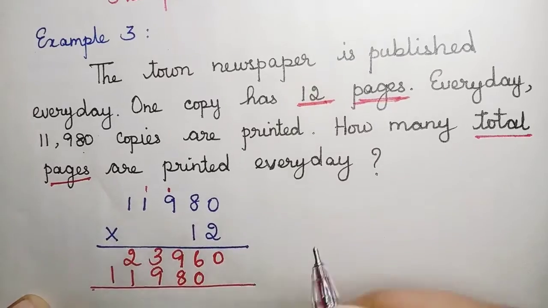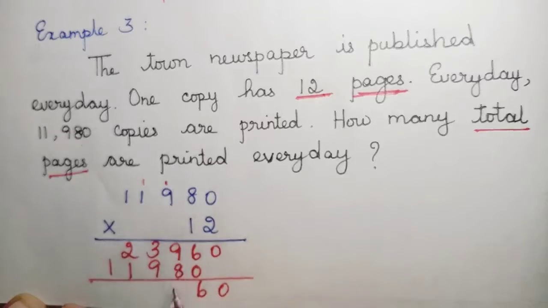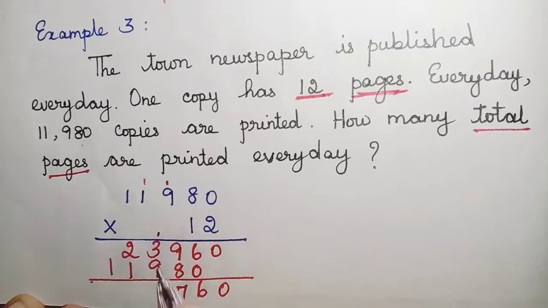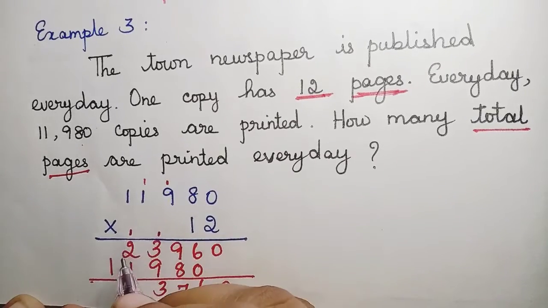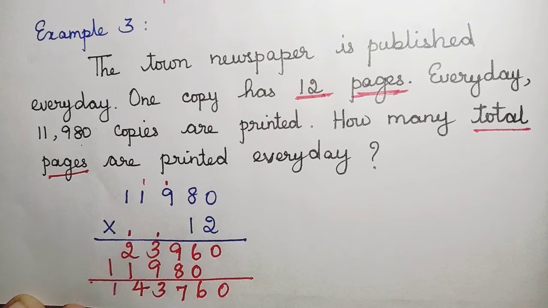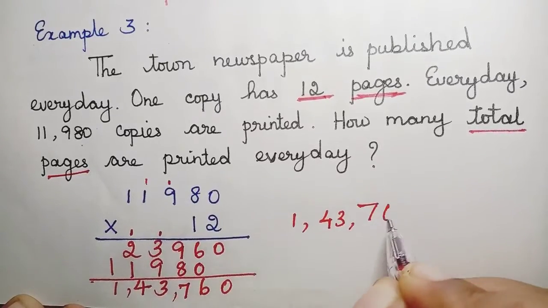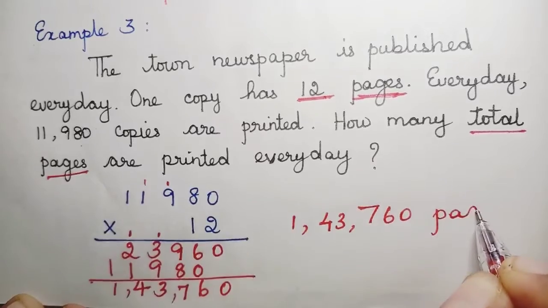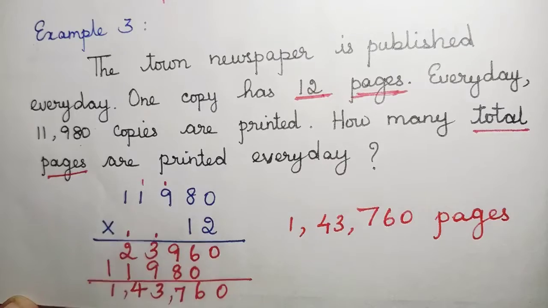Then add both of these. 0, 6, 9 plus 8 is 17, balance 1, 10 plus 3 is 13, balance 1, 2 plus 2 is 4, 1. So the value is 1,43,760 pages printed daily. Just multiply both the values and you will get the answer.